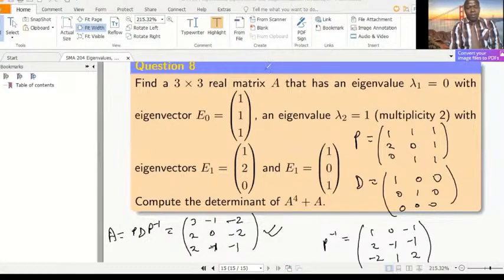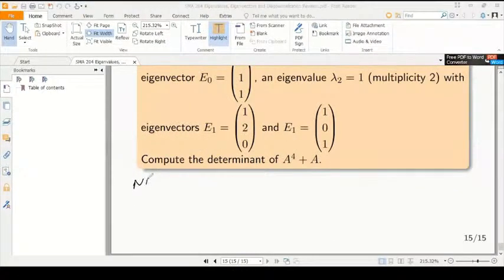So what is A raised to 4? From the previous knowledge, A raised to 4 will be given by matrix P times D raised to 4 times P inverse. What is P?